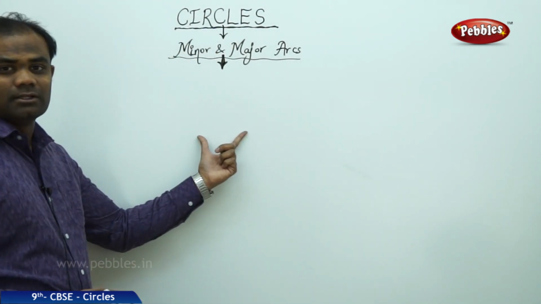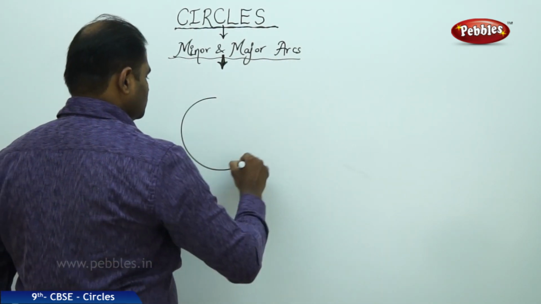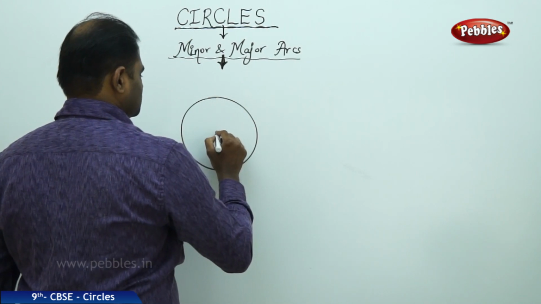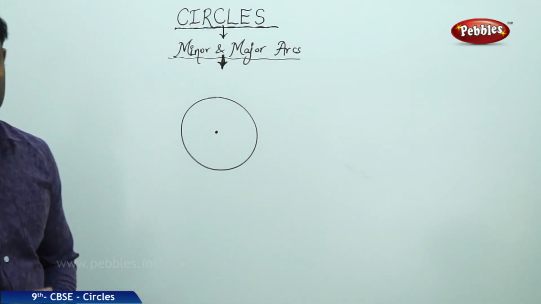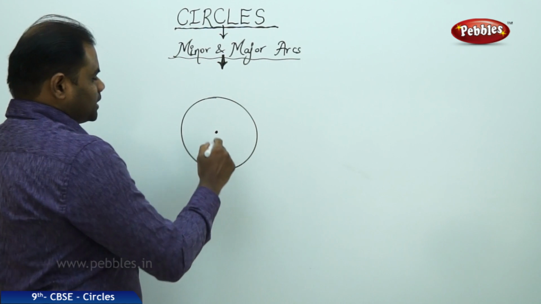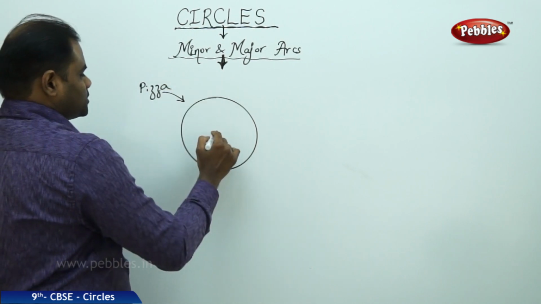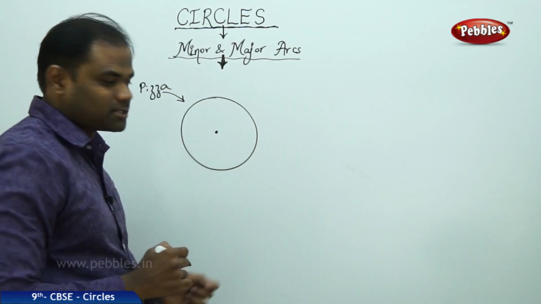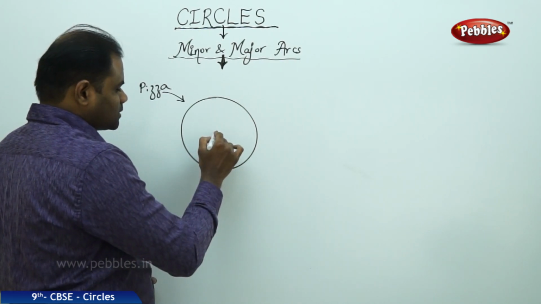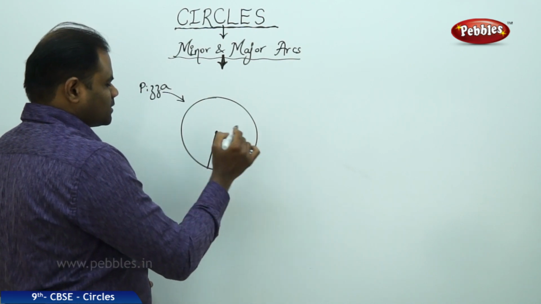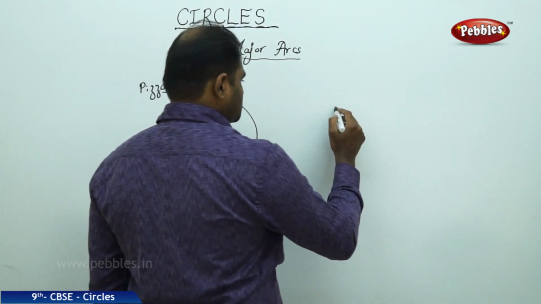So let me take a circle in order to understand the 2 basic definitions for a circle. So let's see how we can understand the minor and major arc. Imagine I take this pizza and cut it into 2 pieces, such a way that I take the knife and cut it from the center of the pizza, slicing towards this. And I cut this, slicing towards this. Then when I remove this pizza out, I get 2 different sets of pizzas in this manner.